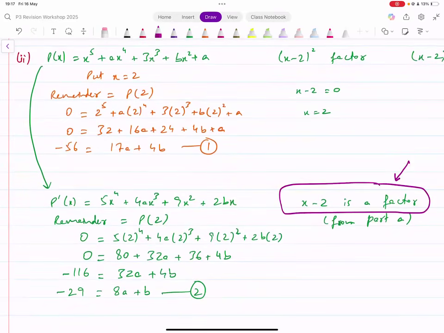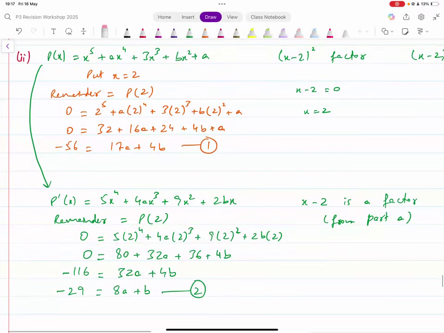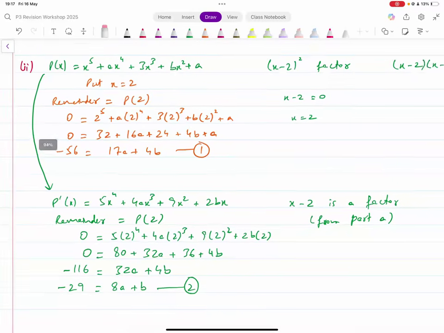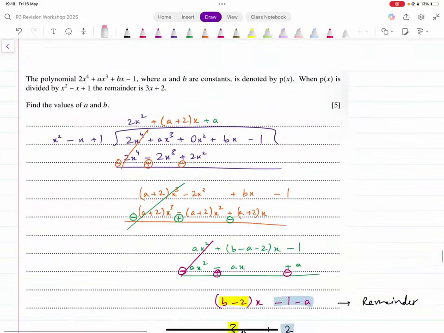So we use remainder theorem on this as well, and we say, let's put x equals 2 in this derivative. And the remainder from this should also be equal to 0. So we get another equation from this. We got one equation from the original polynomial, one equation from the derivative. We can solve them simultaneously to find the values of a and b. Solve them simultaneously and you will get the values of a and b. You can solve it further and you will get that result.